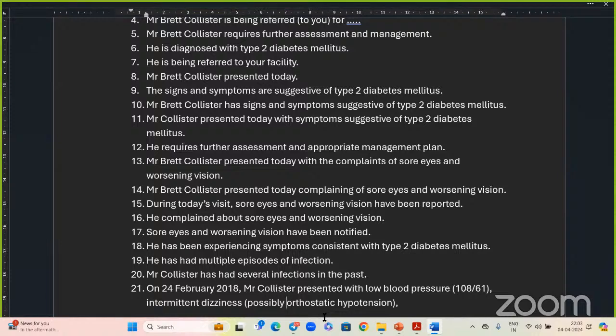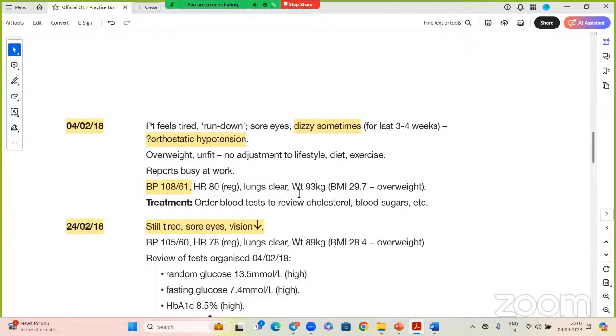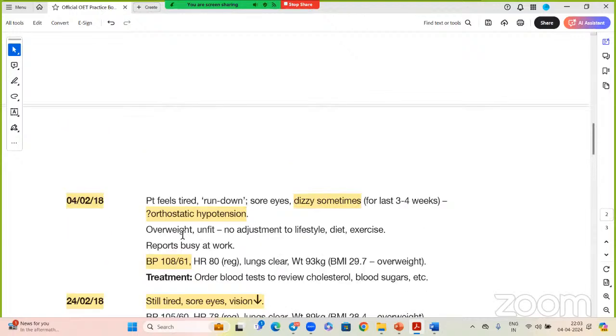So what else can you think? Right. What are the other things? Overweight, unfit, reports busy at work, no adjustment to lifestyle, diet, and exercise. So, so rise. Patients feel tired.